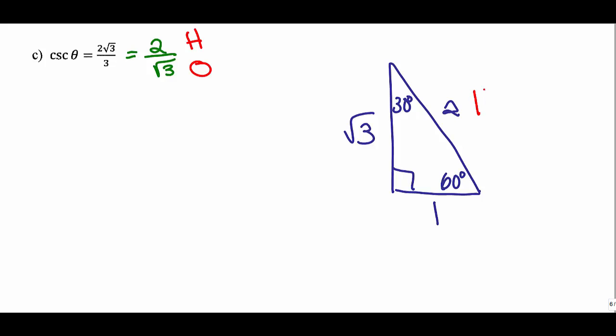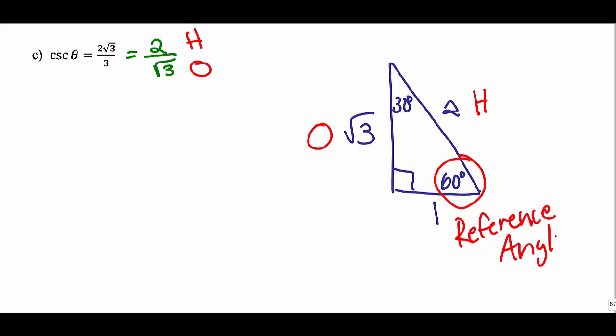So the hypotenuse is 2, it's always 2, and now the opposite side of the angle that we're looking for has to be square root of 3. So the angle that we're referring to here within the triangle would be 60 degrees. Square root of 3 is opposite of it, and this is the hypotenuse. So we're looking for an angle that has a reference angle of 60 degrees.